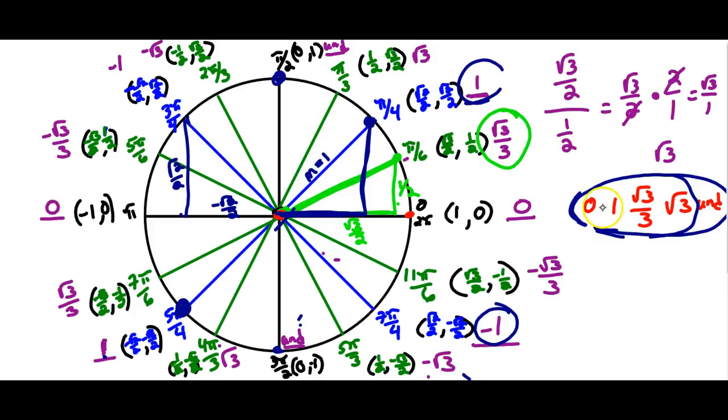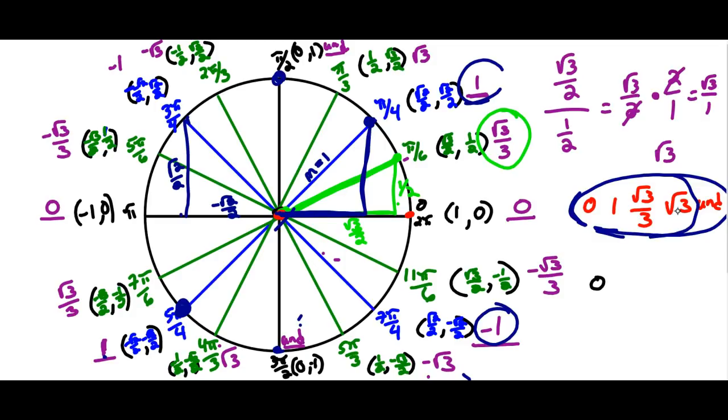So we know that 0 is smaller than any of those positive numbers. We're just wanting to get the positive values here. Is 1 bigger than the square root of 3 over 3? Yeah, 1's bigger than the square root of 3 over 3. Is it bigger than the square root of 3? Type in that value in your calculator. See what you get for the square root of 3.